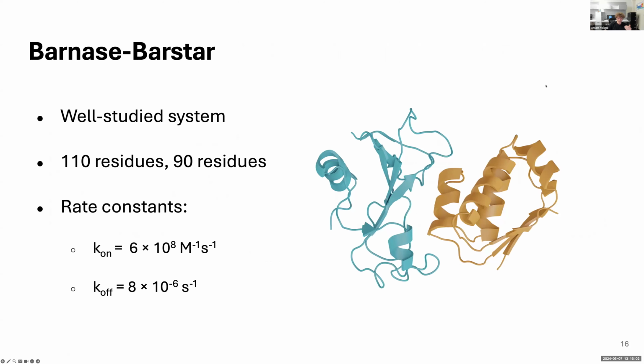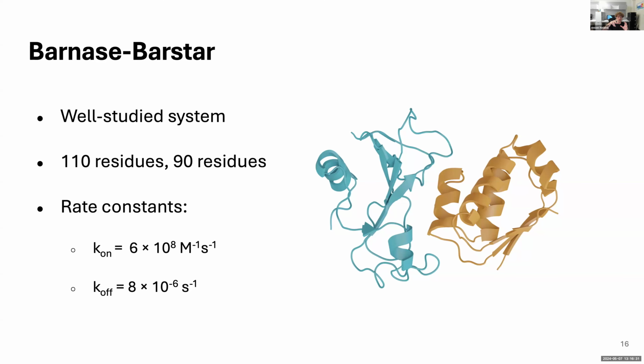The way that I plan to test this is with a test system. It's a very small protein-protein interaction system, and it's very well studied. There are countless studies with experimental data and mutational analysis. The experimental on and off rates are very well known. So our goal is to set up our SEEKR simulations so that we can observe the diffusional association of barnase and barstar.